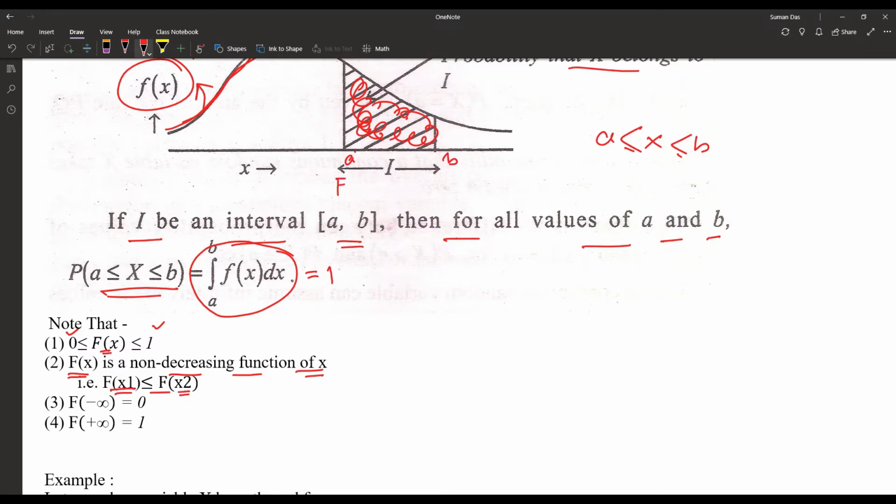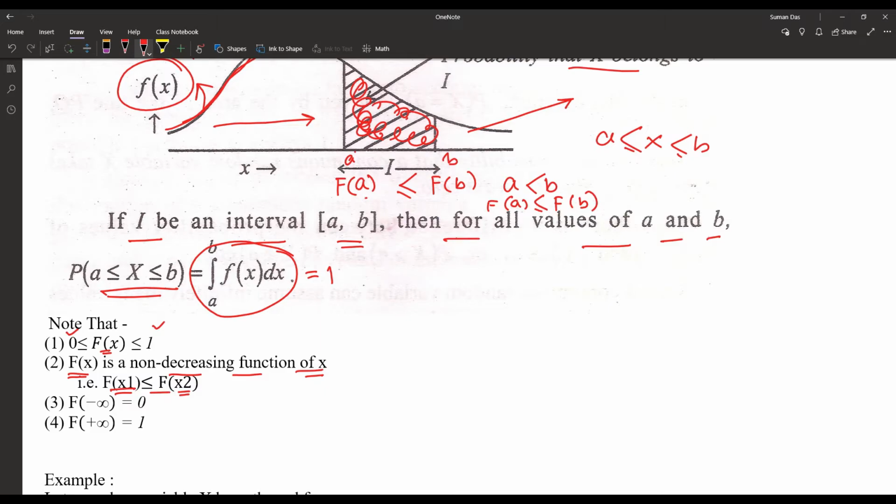That means if we have F(a) here, and that is F(b), obviously that must hold, because F(x) is always a non-decreasing, that means increasing, function of x. So as b is greater than a, F(a) must be less than or equal to F(b).